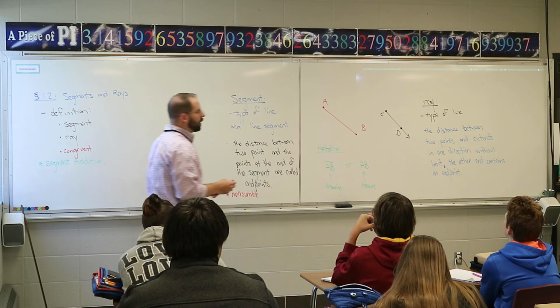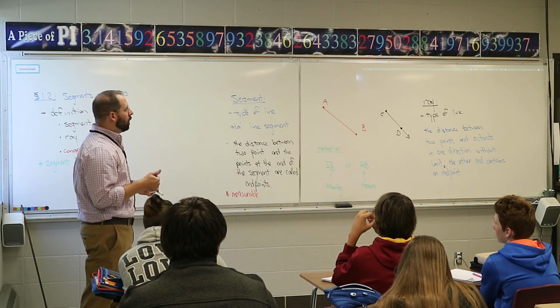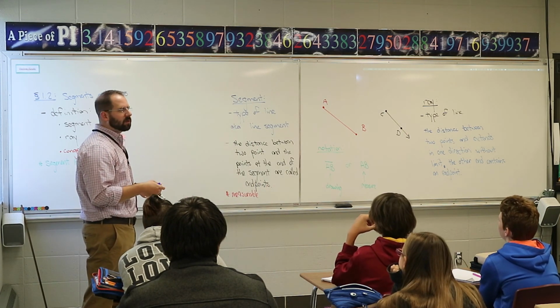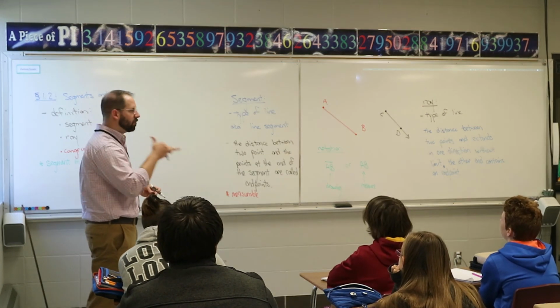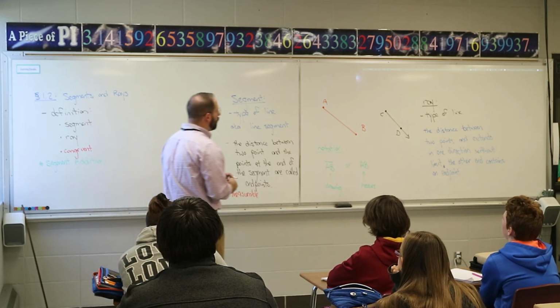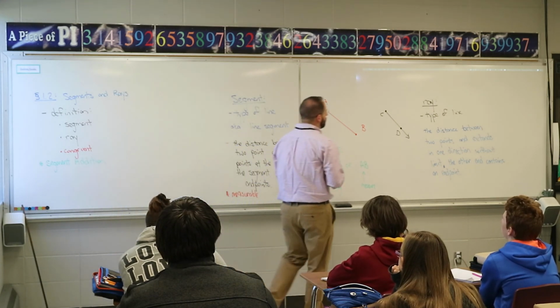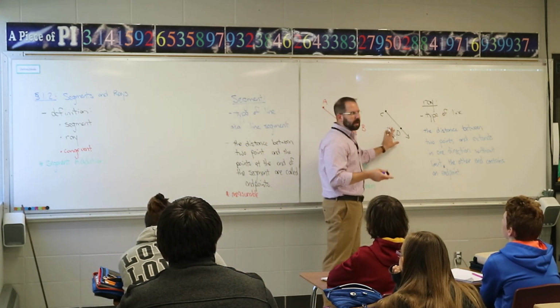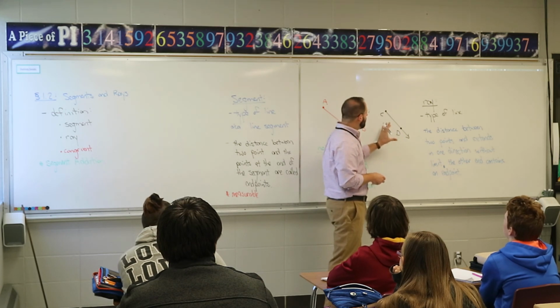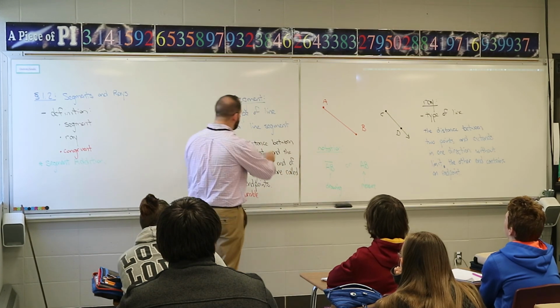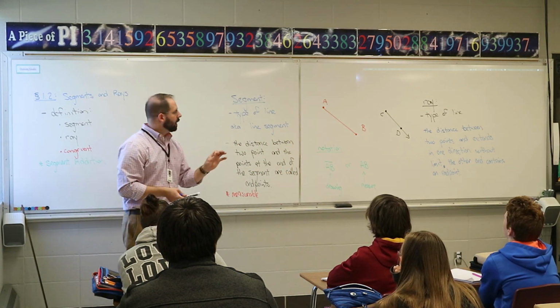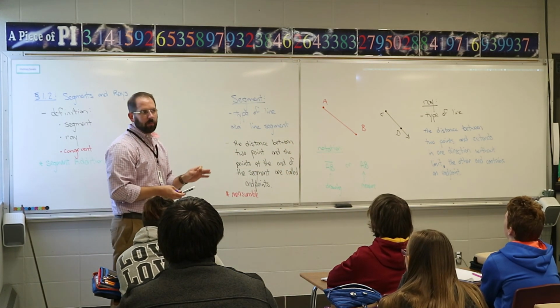Now, if you're going to go into physics or any type of sciences, there are things called vectors. Vectors kind of look the same way, but a vector has a definite direction and magnitude to it. But this is a ray. It's just representing a line going in a certain direction. Now, how you write it is the big deal. Of all 3 types of lines, the ray is the one that most people mess up on.